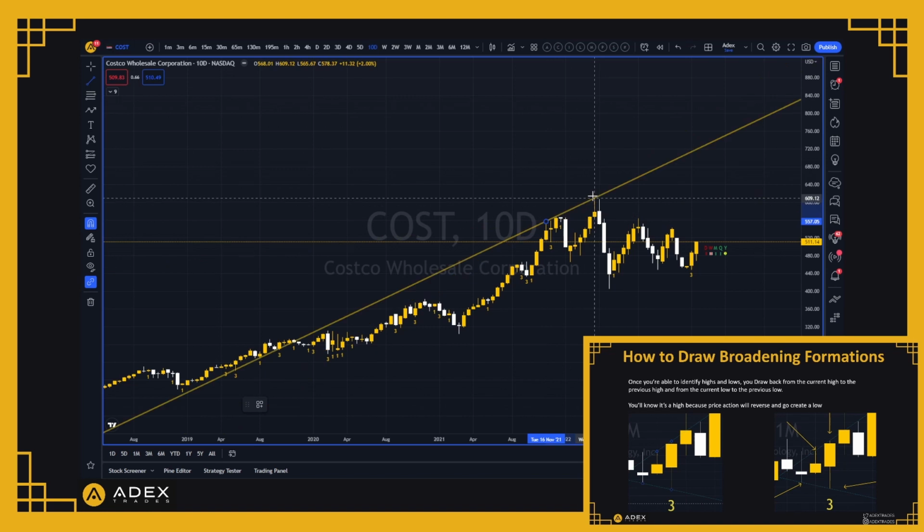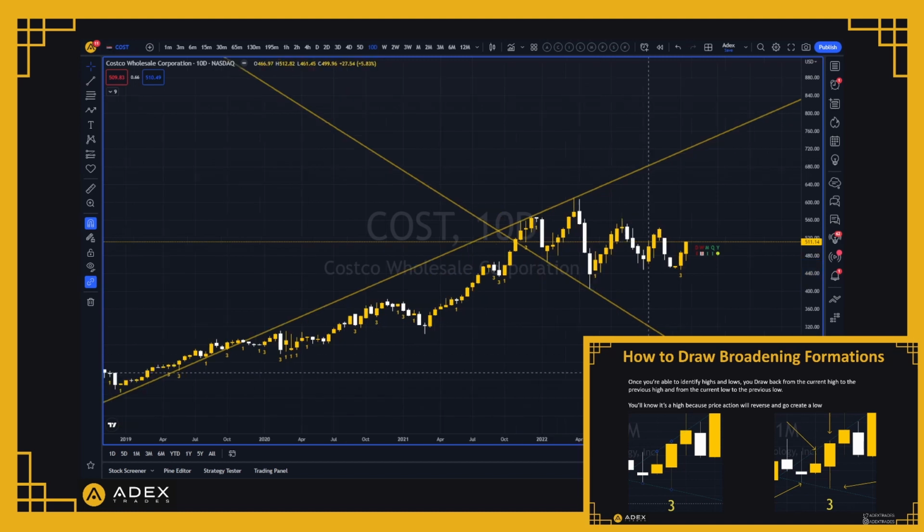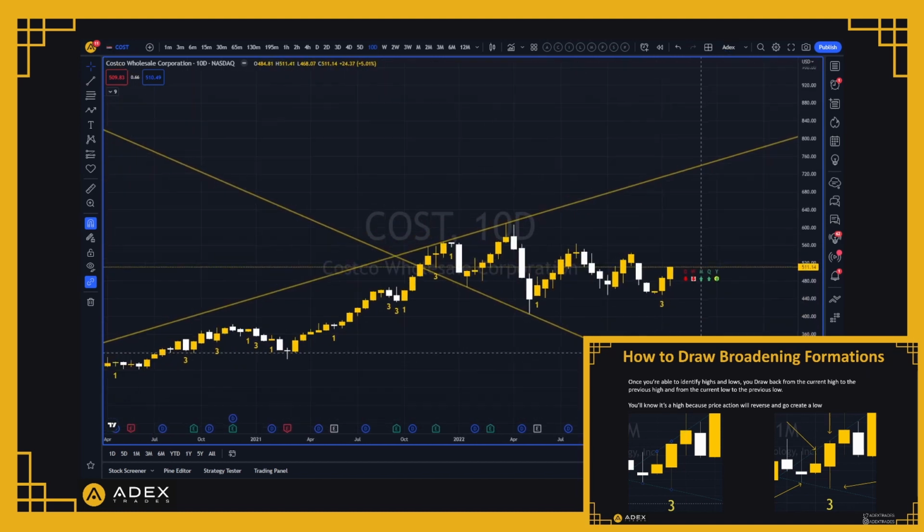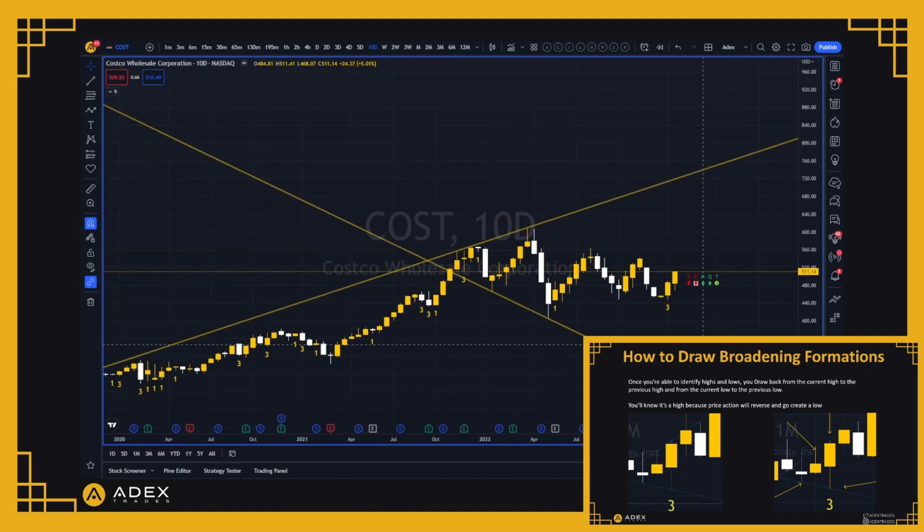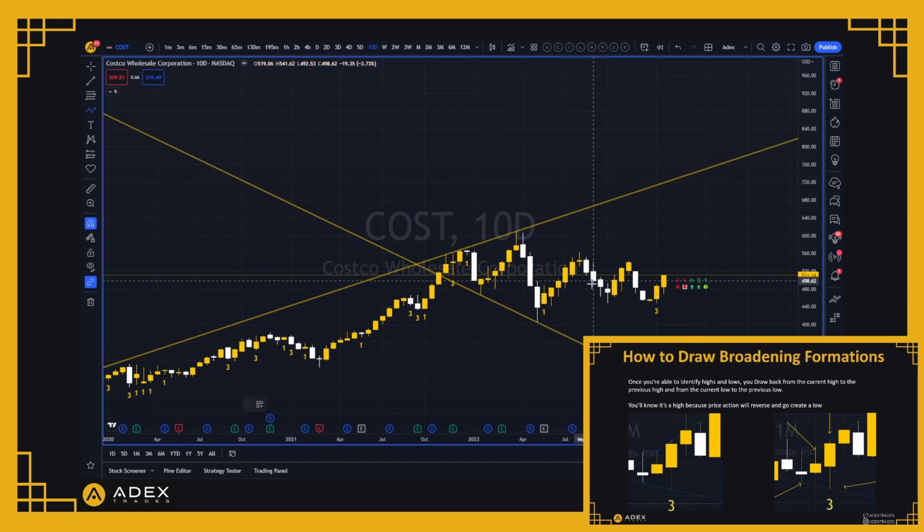High to a higher high, low to a lower low. Okay, this is a broadening formation for Costco. And why do we like this? Because we know that Costco can move within this broadening formation, right there, there, there. And the possibility now, right?